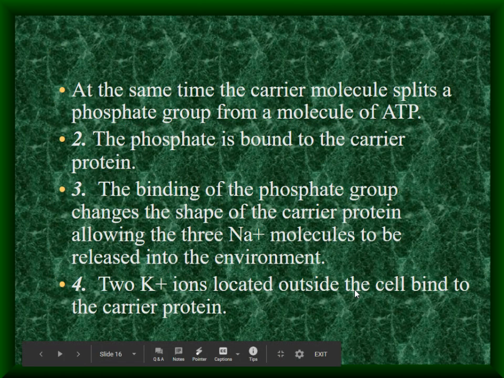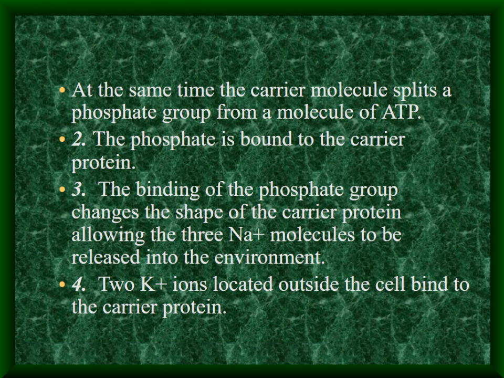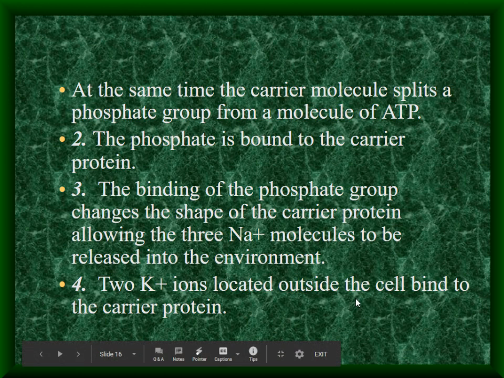At the same time, the carrier molecule splits a phosphate group off a molecule of ATP. So this is your energy. The phosphate is bound to the carrier protein. The binding of the phosphate group changes the shape of the carrier protein, allowing the 3 sodium ions to release into the environment.